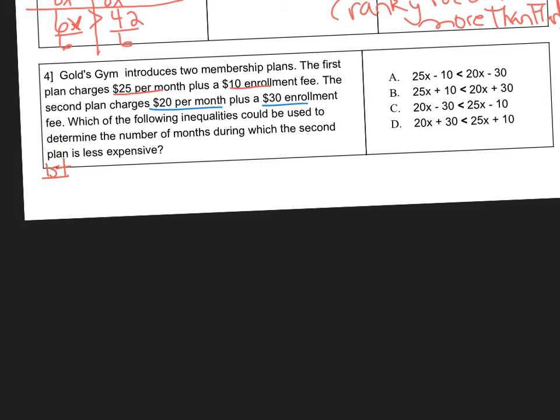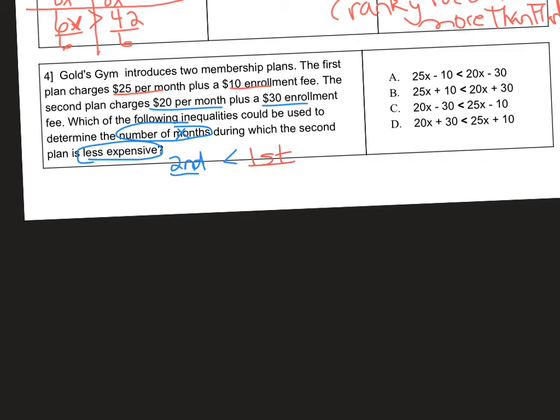So which of the following inequalities must be used to determine the number of months, so I'm looking at those number of months as my variable, during which the second plan is going to be less expensive. So my second has to be less expensive than my first. And I'm going to go ahead and write it in that order, where my second plan is less expensive than the first plan. So let's go ahead and see.